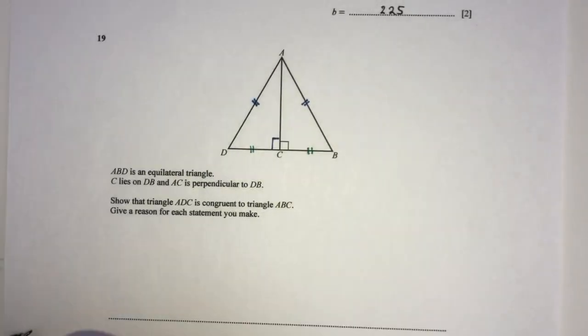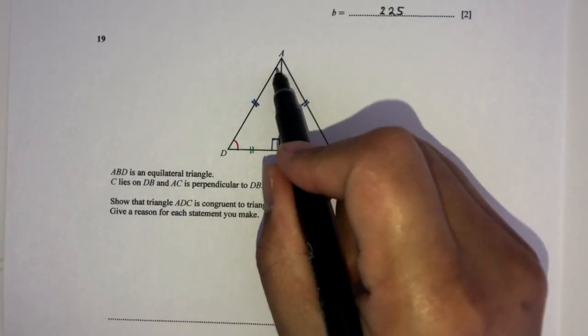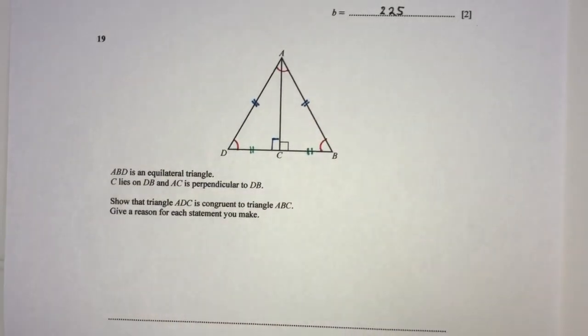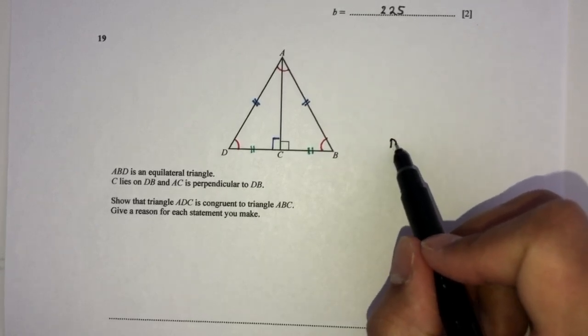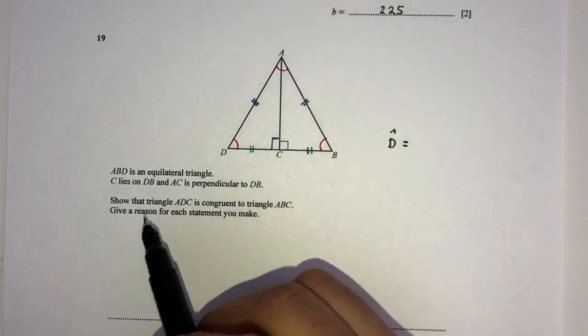Or you can say that if all 3 sides are the same, all 3 angles are the same as well. So you can say angle D is the same as angle B.